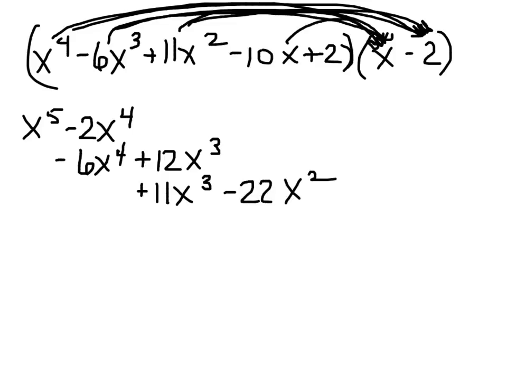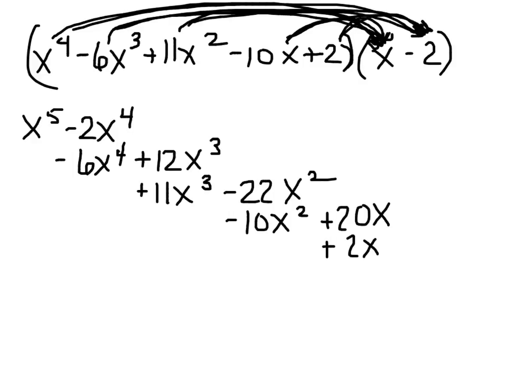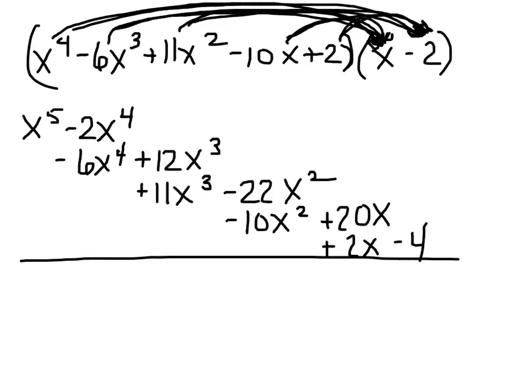Negative 10x times x. Negative 10x times negative 2. 2 times x. 2 times negative 2. Combine like terms. X to the fifth had no friends. Right answer.